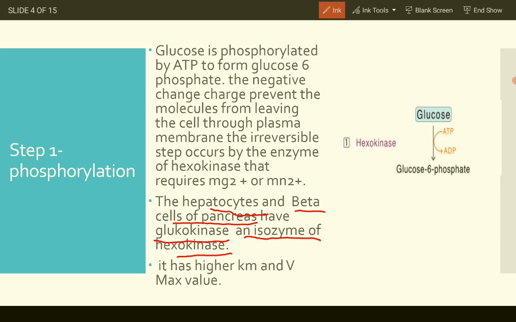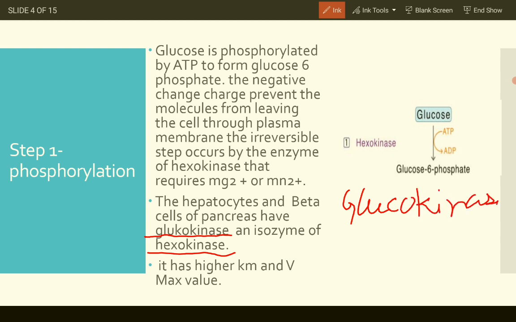Isozyme means that it is slightly different, but it still does the same function. What glucokinase does differently from hexokinase is that it has a higher Km and higher Vmax value, which you can study through the Michaelis-Menten equation, which I can explain in later videos.